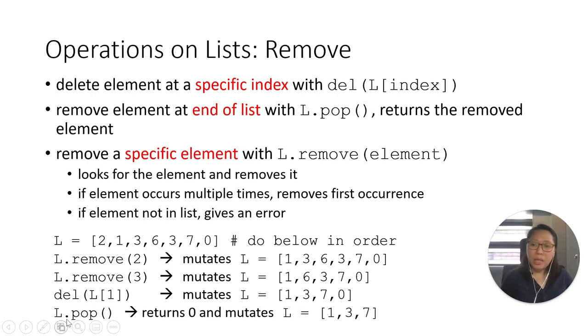So L.pop() returns 0 because that's the last element in the list. And this mutates L to this one. L's value now is this. It has 3 elements, 1, 3, 7. This is the final state of L after executing these methods.